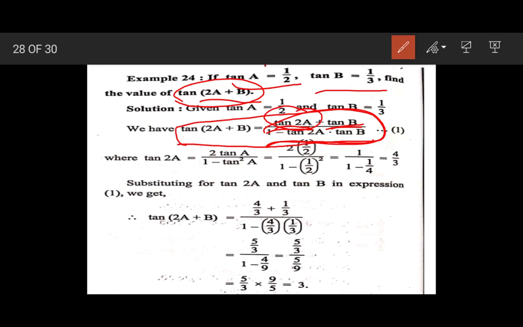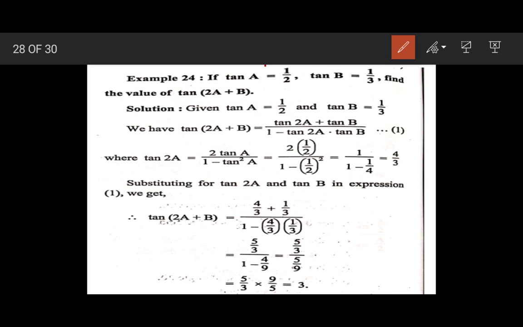Now tan 2A is a multiple angle, right? So we have to use the multiple angle formula. Tan 2A will be 2 tan A upon 1 minus tan square A. So first we have to find tan 2A. Here 2 into tan A is 1 upon 2, so 2 into 1 upon 2 upon 1 minus 1 upon 2 whole square.